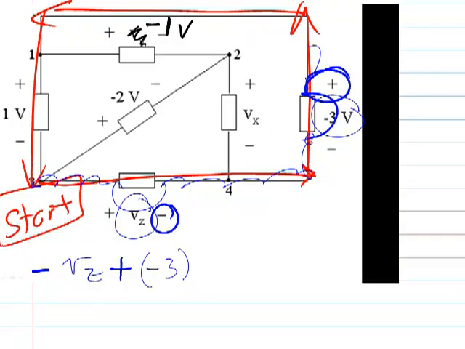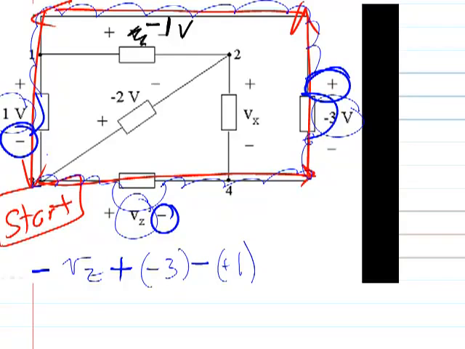So we keep going, and we've got +1 here. But when we jump across, we see it's actually a drop in voltage, so we have minus +1. And then we end up at the start, so we can set it equal to 0. So we got negative Vz minus 3 minus 1 is equal to 0.